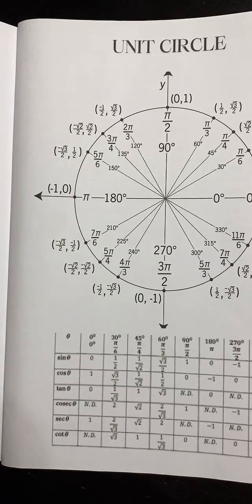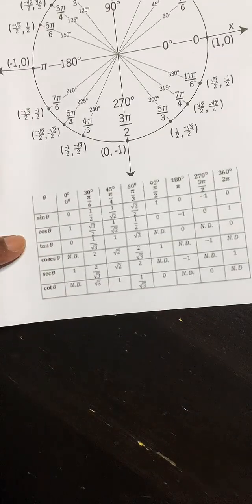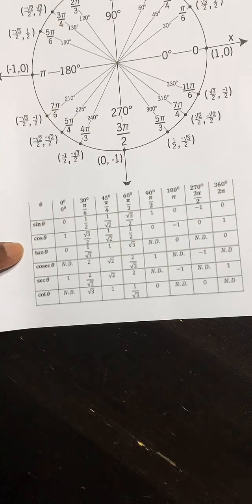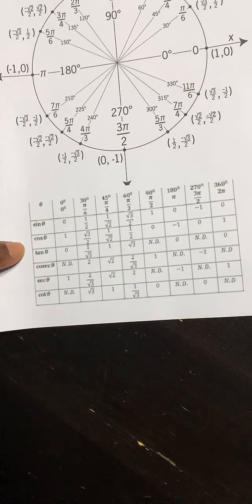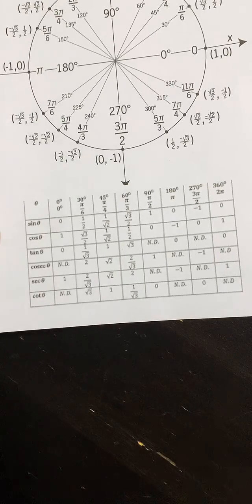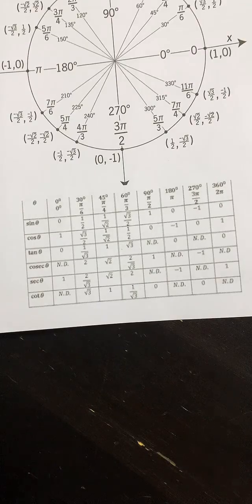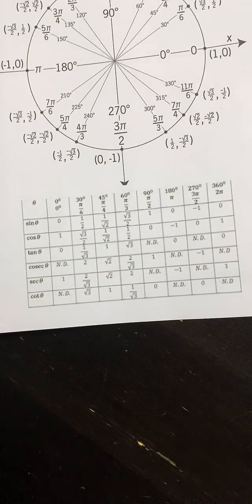Sine, cosine, and tangent. All these lovely things down here. Oh yeah, it's definitely high school. Yes, it's just a lot of practice. I hate to say it, just a lot of practice.